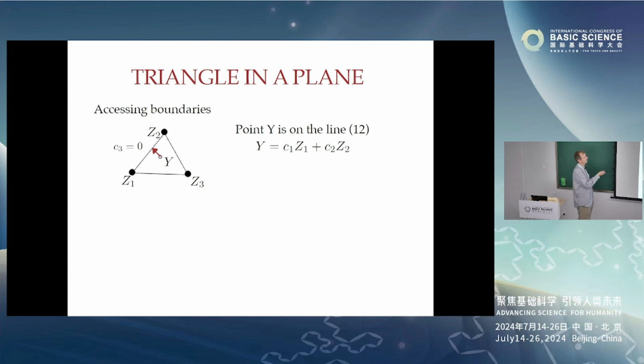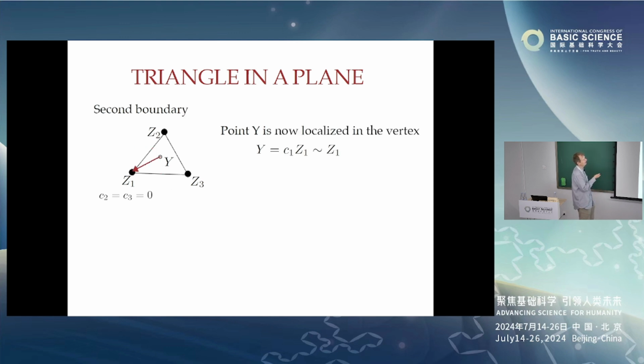Being on this boundary means that y is a linear combination of z1 and z2. It means that it's somewhere on the line through 1 and 2. Accessing this boundary sets another coefficient to 0, and so on. And if we want to go directly to a vertex of this triangle, we have to send 2 of the c's to 0. And then y is directly z1. Projectively, it is the same point.